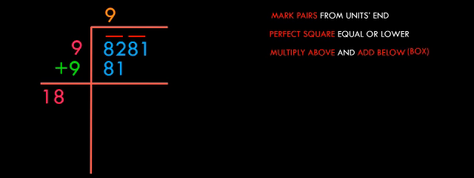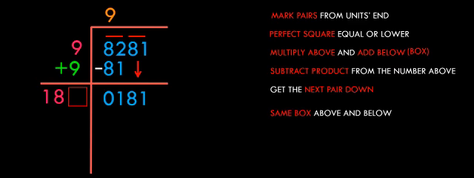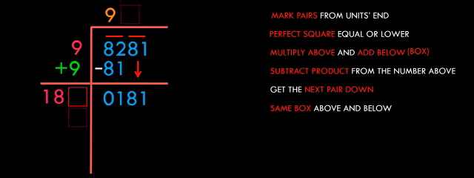Then we will add a box as shown. Then we will subtract the product from the number above. Then we will get the next pair down, which is 81. Now we will add the same box above and below.